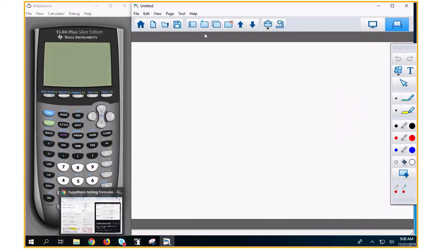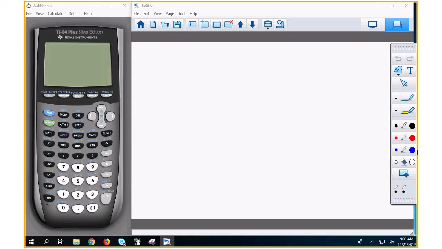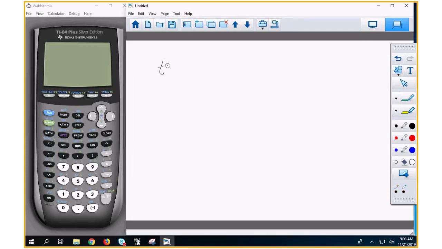So here we go. T is equal to, and I just put the numbers in because I don't have them with me, 1.6 minus 0 over 5.4 over the square root of 79.